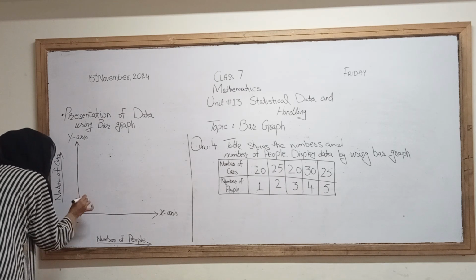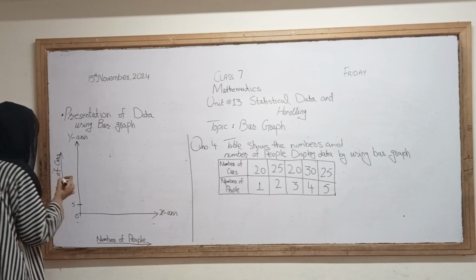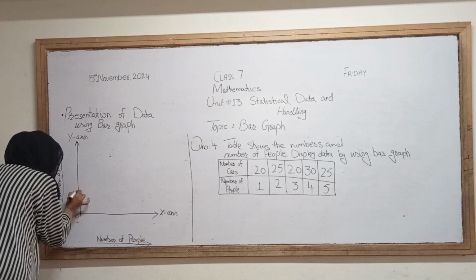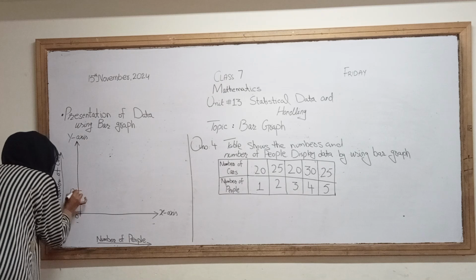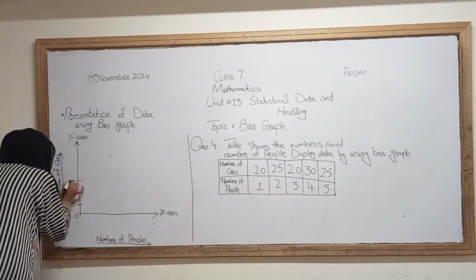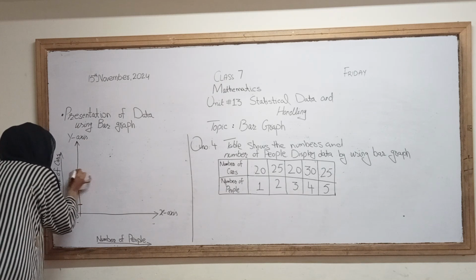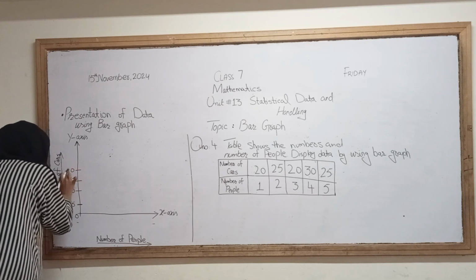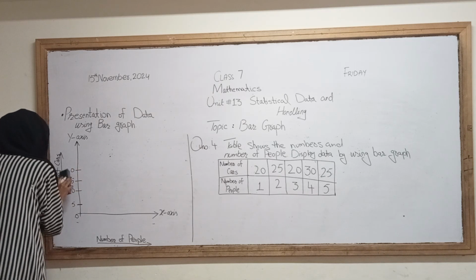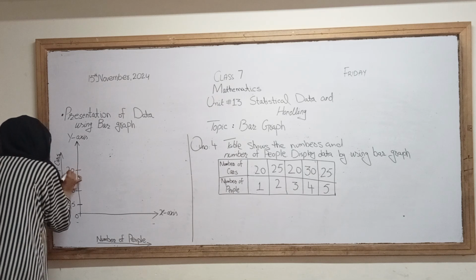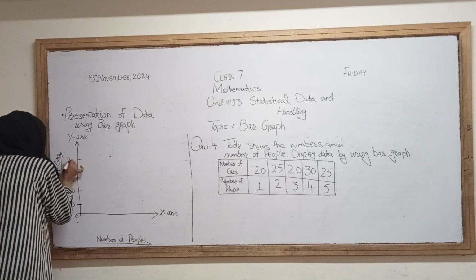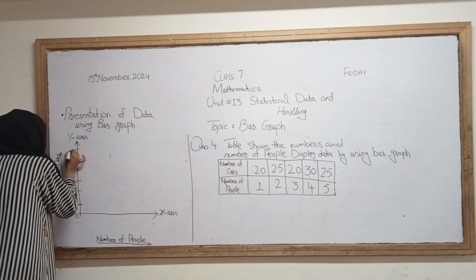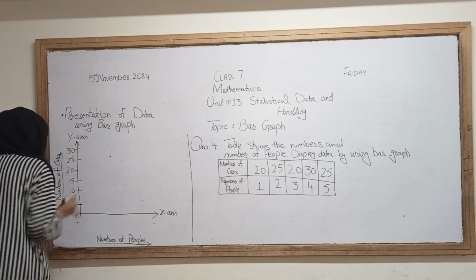The divisions should be equal when you decide your scale: 10, 15, 20, 25 and 30.